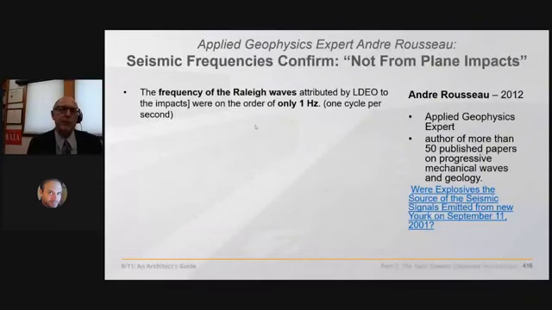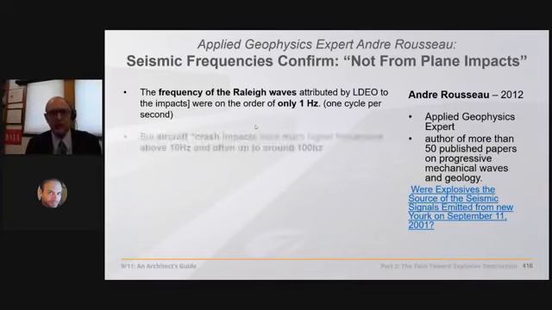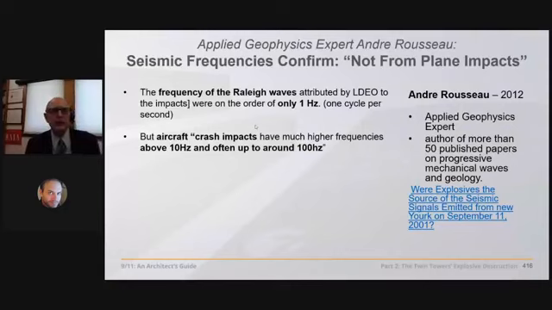He finds that the frequency of the Rayleigh waves, the primary waves that come in, were attributed by LDEO to the impacts of the planes. But they're only on the order of 1 hertz in frequency. But aircraft crash impacts have much higher frequencies, above 10 hertz and often up to around 100, 2 orders of magnitude higher.